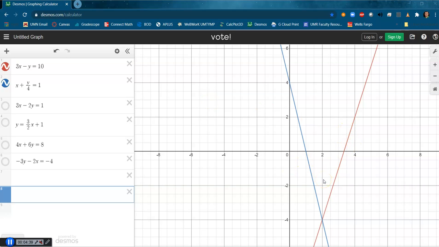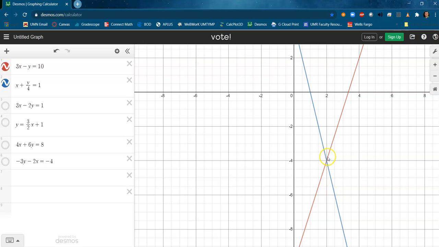If I click on the point where they meet, it identifies it as x is 2 and y is negative 4. So that is the solution set for the system. It is the x and y value that simultaneously satisfy these two lines.